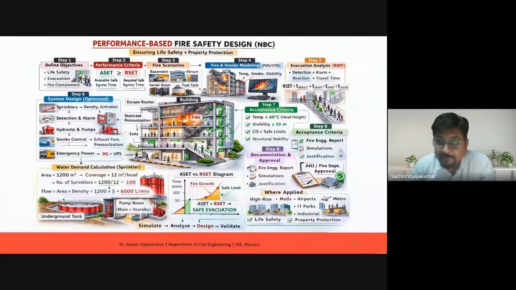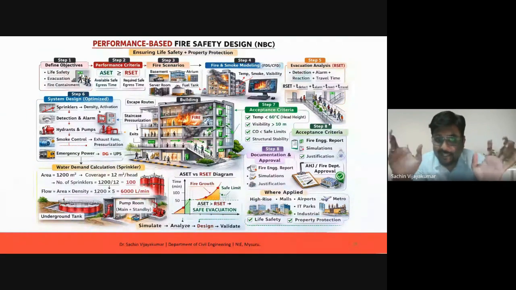And we have to determine these conditions for all the possible fire scenarios. Then we have to conduct a detailed evacuation analysis. Under all the fire scenarios, we have to come up with the type of environment where congestion will not happen. Every person will have their space to get out.